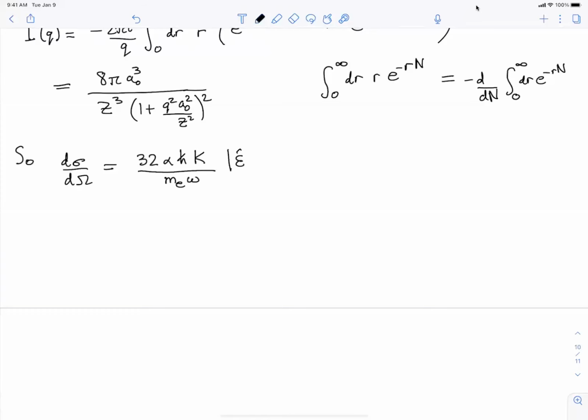Then there's this factor that came from the polarization dot product with the momentum. That gets squared. And then there's finally a Bohr radius cubed over z cubed. This is all from the matrix element. 1 plus q squared, Bohr radius squared over z squared, all to the 4th power in the denominator.